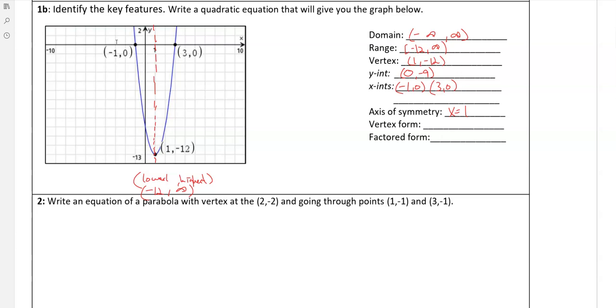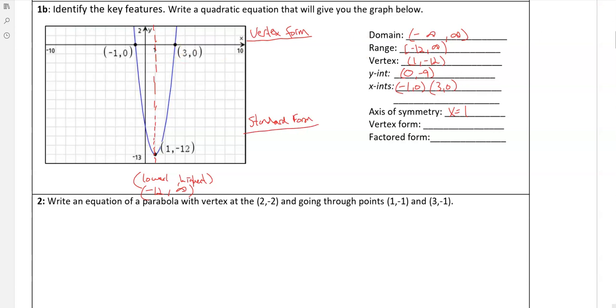And remember, to find vertex form, the first thing I'm going to do is find the standard form. I'm going to find standard form real quick, and I'm going to do that in the calculator.